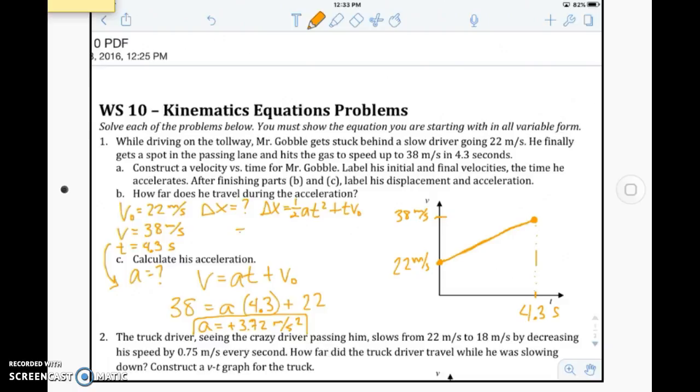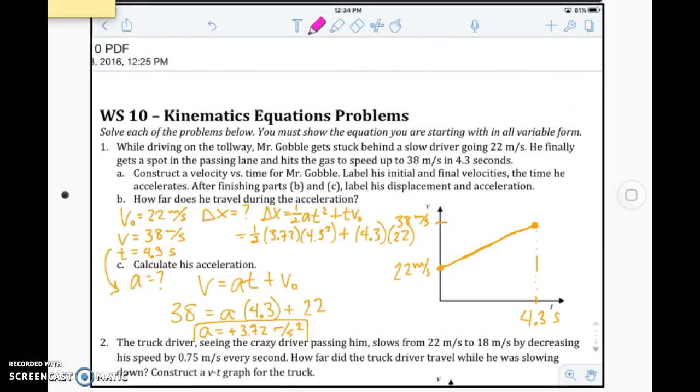So that's going to equal 1/2 times 3.72 times 4.3 squared plus 4.3 times 22. Don't forget to square the 4.3 in that equation. That's a common mistake. Add that up in my calculator and I get delta x is equal to 129 meters.